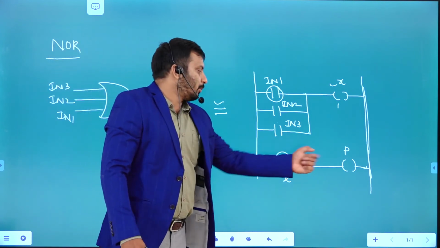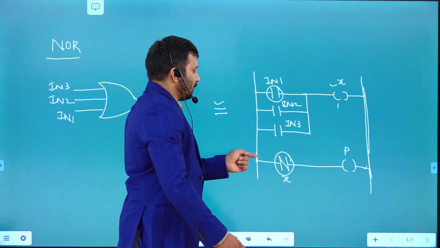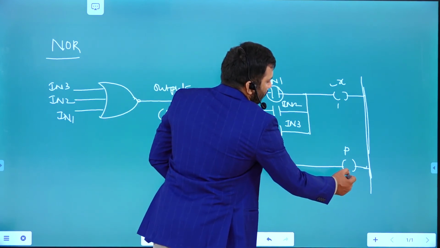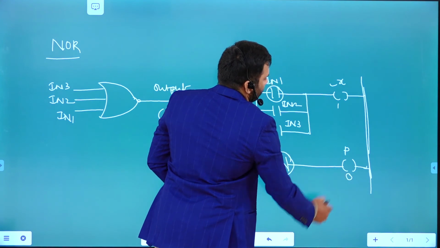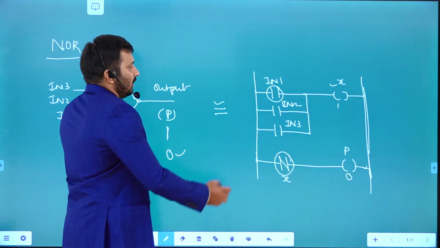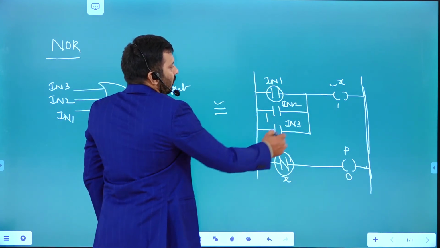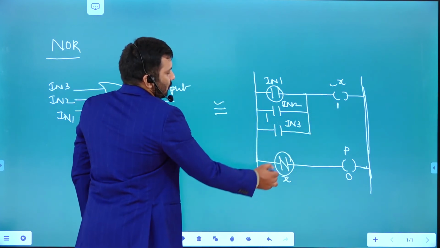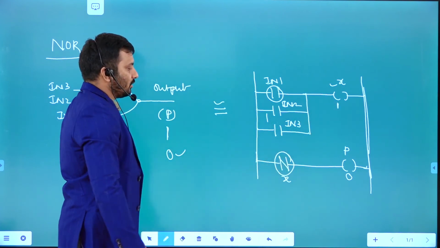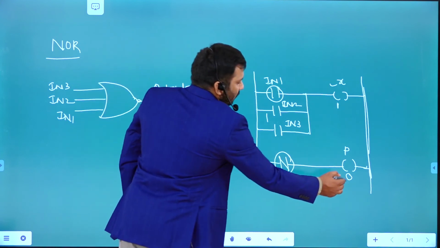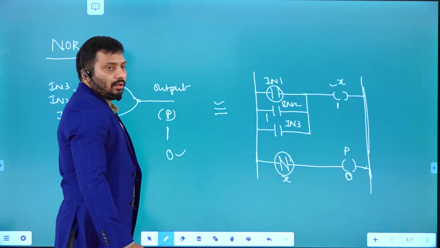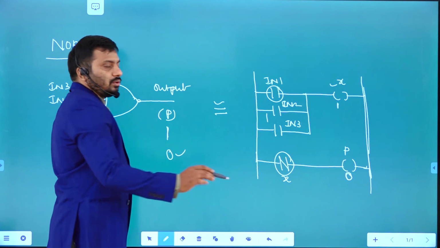There is no power flow from the line voltage to the ground line, so that is the reason the output is going to become 0. Even if only this one is 1, the normally closed contact is going to be open, then the output is 0 only. This one is 1, then also it is like that only.